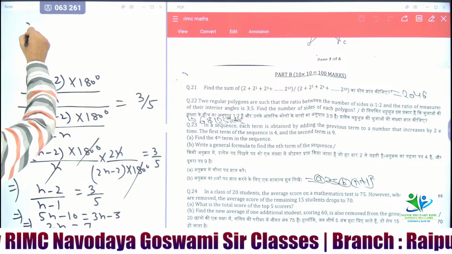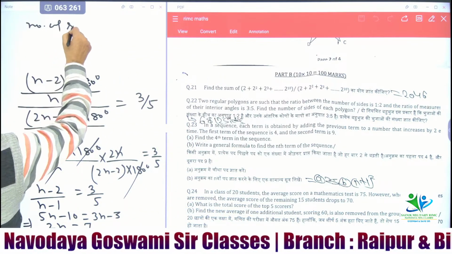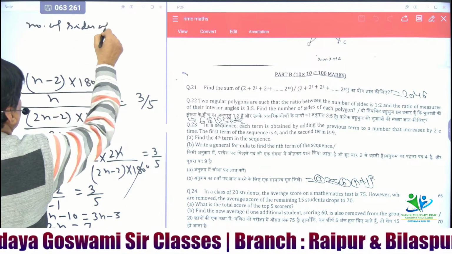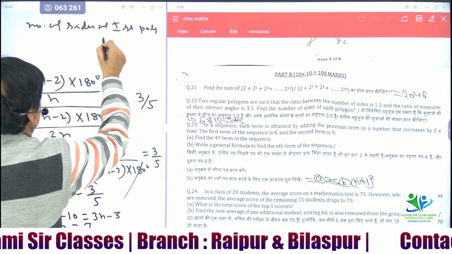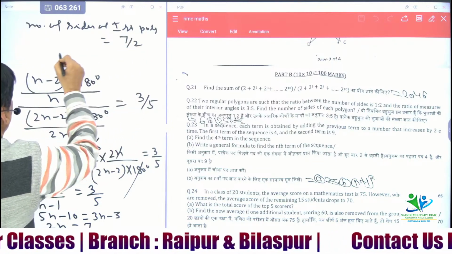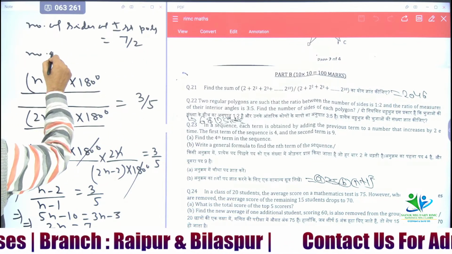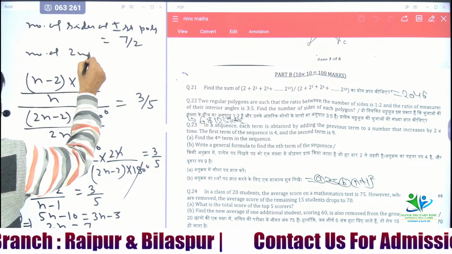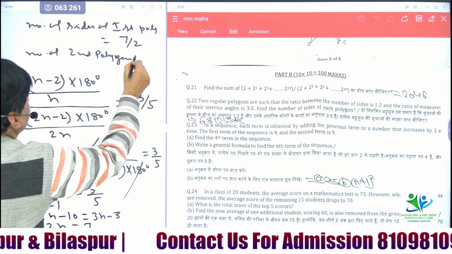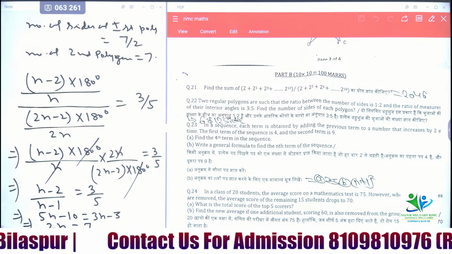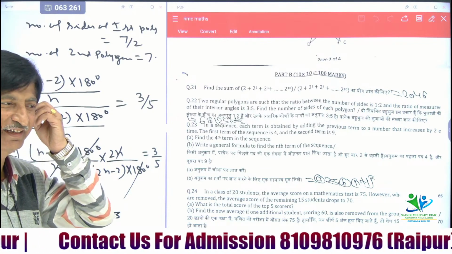Therefore, the number of sides of the first polygon is equal to 7/2, and the number of sides of the second polygon is 7.